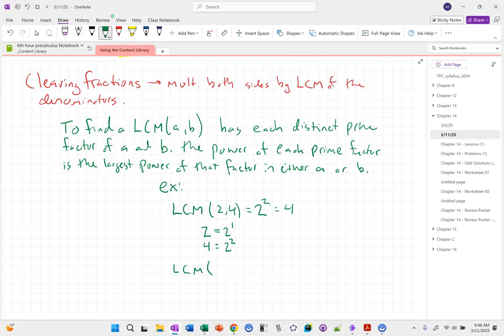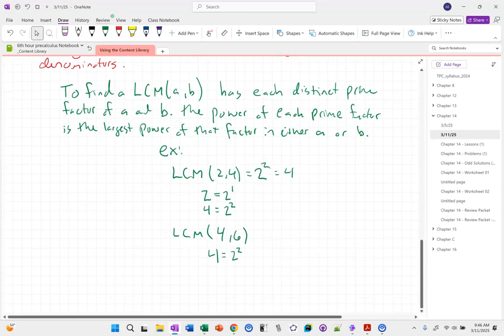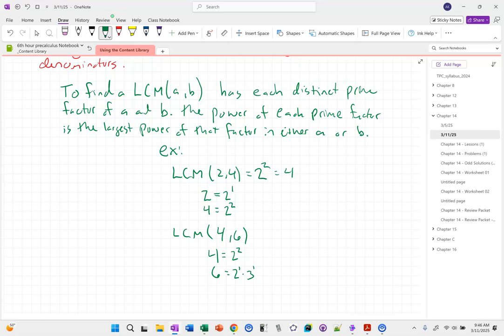Least common multiple of, say, let's say 4 and 6. Well, the prime factorization of 4 is 2 squared. The prime factorization of 6 is 2 to the first times 3 to the first.